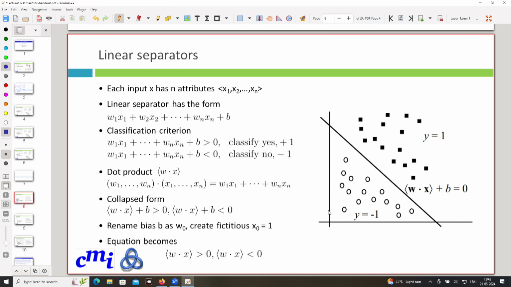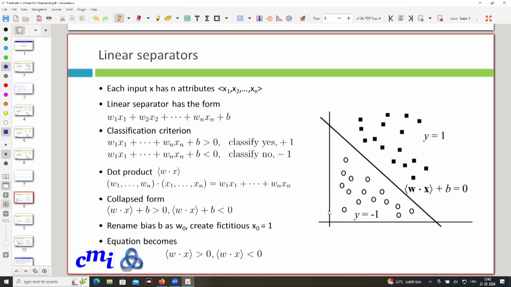Yes, and then the separation part comes here. If a point is positive, then when you substitute the coordinates of those points for x here, the value that comes out of this equation will be a positive number. If that point was a negative data point, then the value that comes out will be some negative number. So our classifier uses a linear separator in this form.